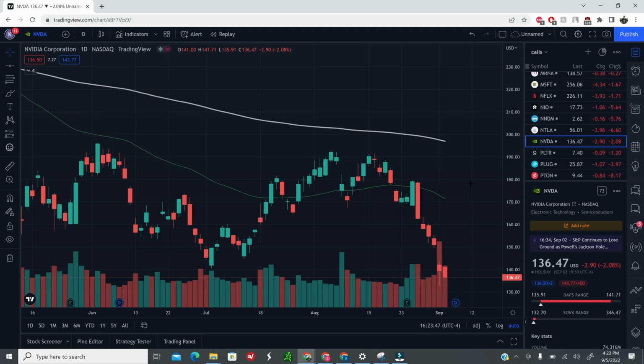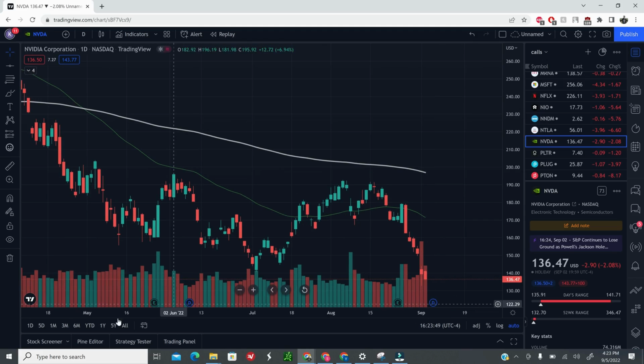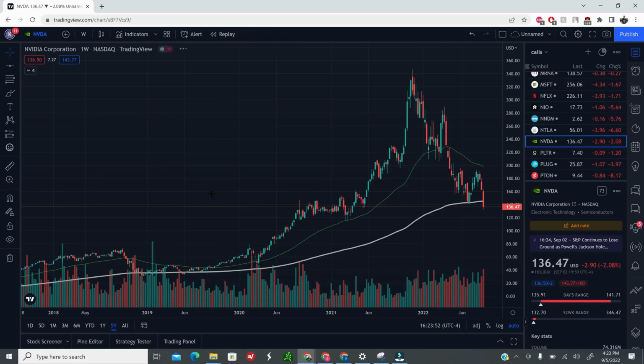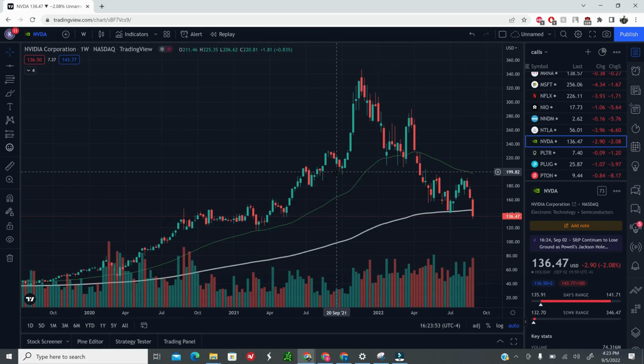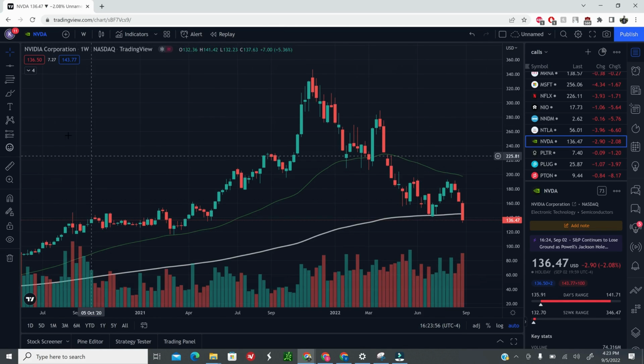Okay, so let's first start with the long time frame, from the weekly chart. What I see on the weekly, which I want you guys to notice here, the white trend line is the 200 EMA, and we have seen that the stock has bounced before exactly there.